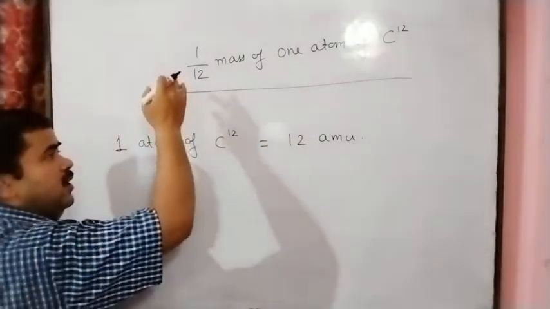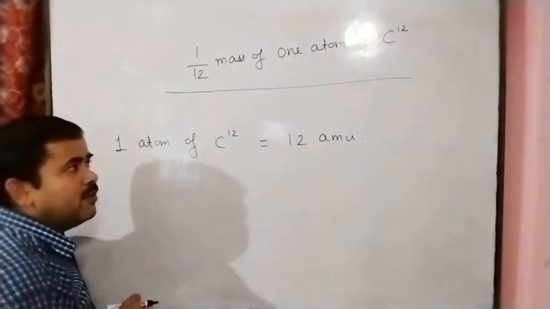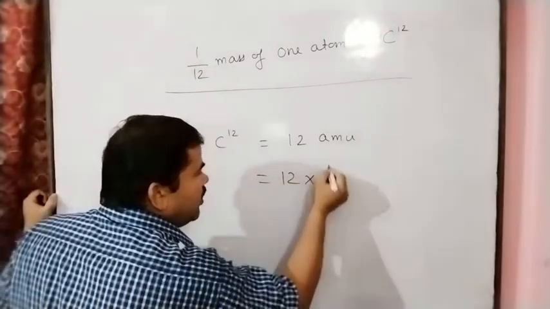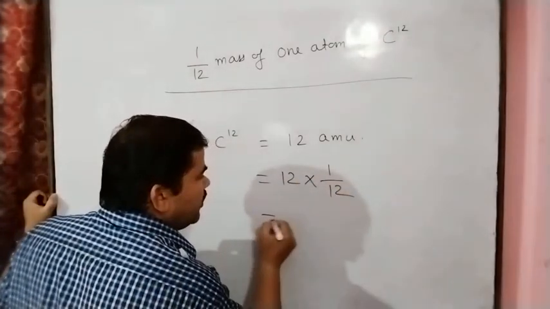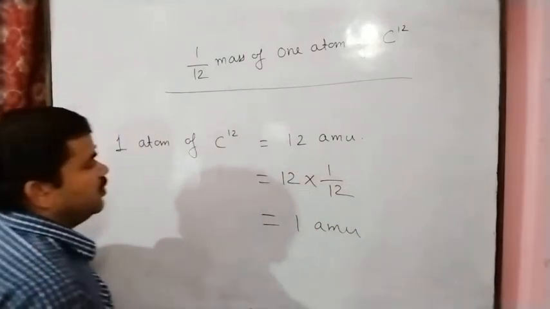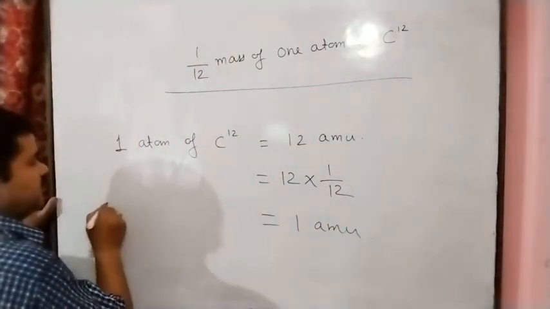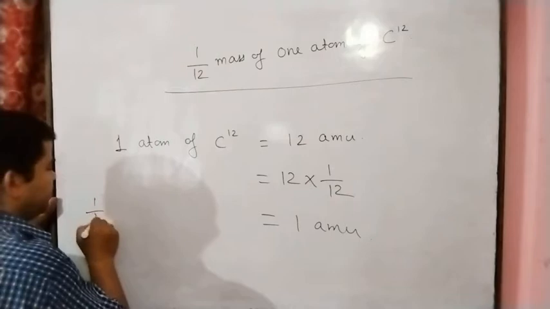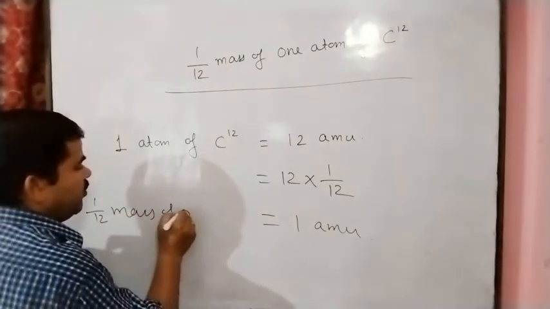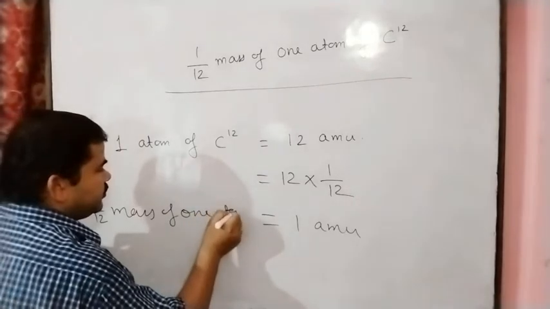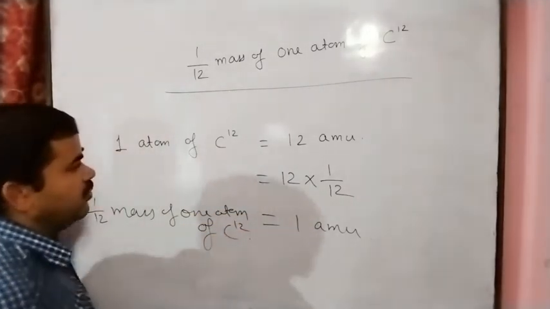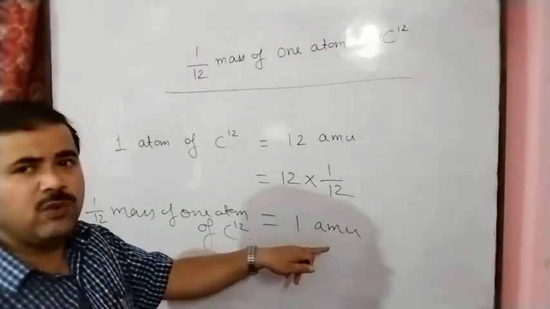If we take 1/12 the mass of one atom of carbon-12, what do we get? 12 into 1/12, which is 1 AMU.